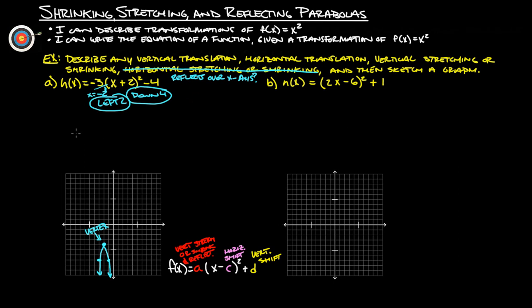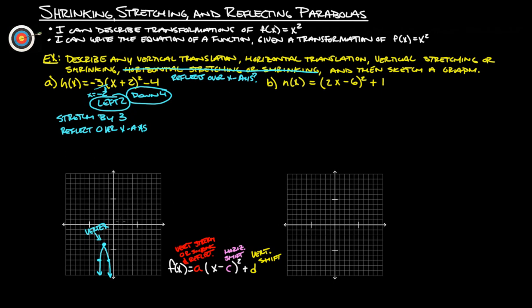Vertical stretching or shrinking. It is going to stretch by a factor of 3. And since it's negative, it does get reflected over the x-axis. Normally this would go up 3 over 1, up 3 over 1 the other way.